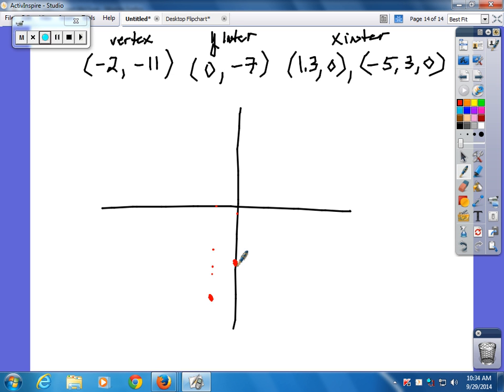X-intercept is 1.3, be right in there. And negative 5.3, 1, 2, 3, 4, 5, 6, 5.3, be right in there. And your parabola looks like that.